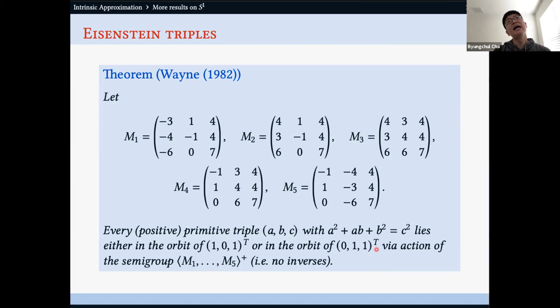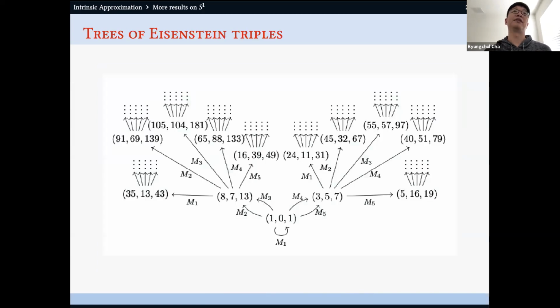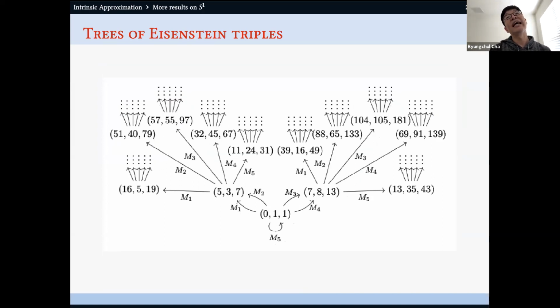The picture description of this theorem is that you just draw the same Eisenstein triples starting with 101 and 011, and this picture should be enough to convince you that there's the exact same process of creating a Romik map, and then you can create a digit expansion on points in that quote unquote circle.